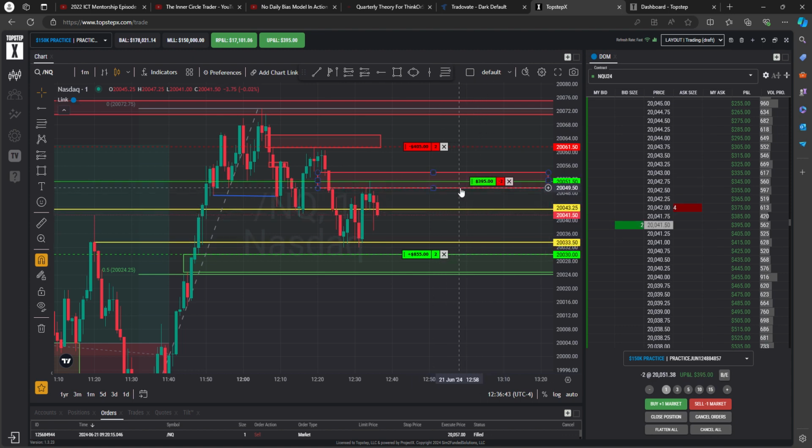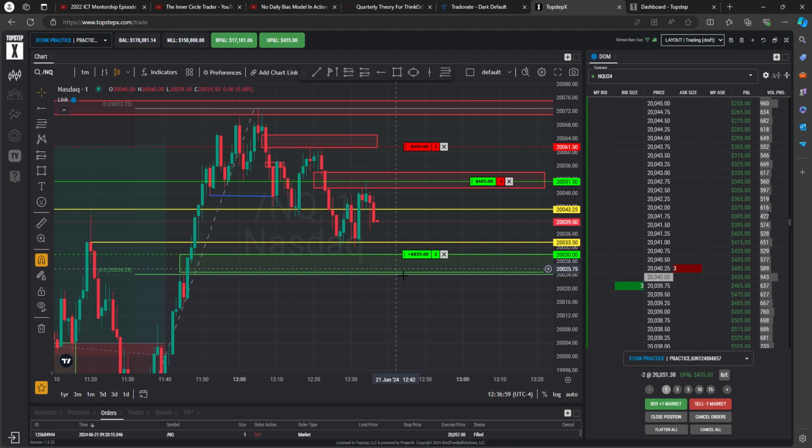Let's say I sized up on this with 10 contracts, instead of this being an $855 trade, it'd be about, I think, a $4,000 trade, simply by sizing up, risking a little more, and getting rewarded a little more.